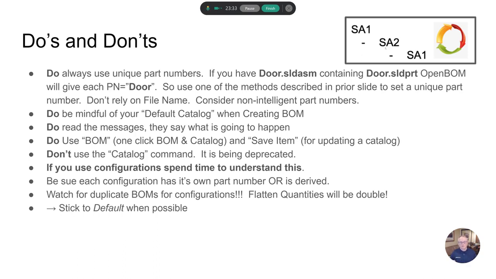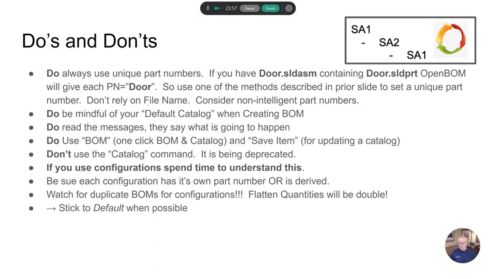So be really mindful, if you're using get part number from file name, that you don't have the root of the assembly and the root of the part with the same number. I don't like to see the same part number for an assembly as for a part because they're just not the same. So give that some thought, especially if you're relying on file name.